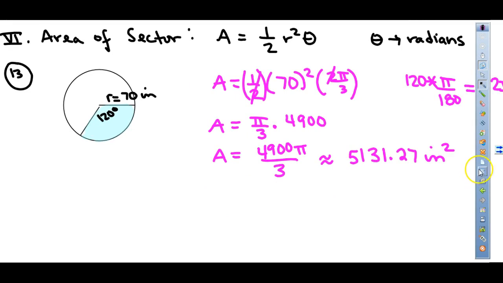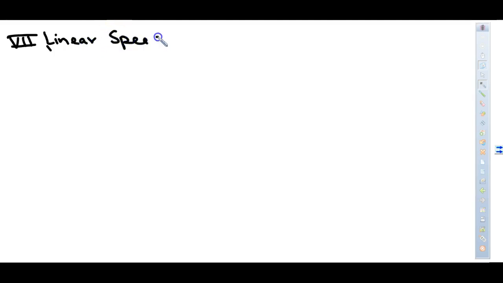Okay, so let's talk about what we refer to as linear speed. Linear speed means how fast something is going.